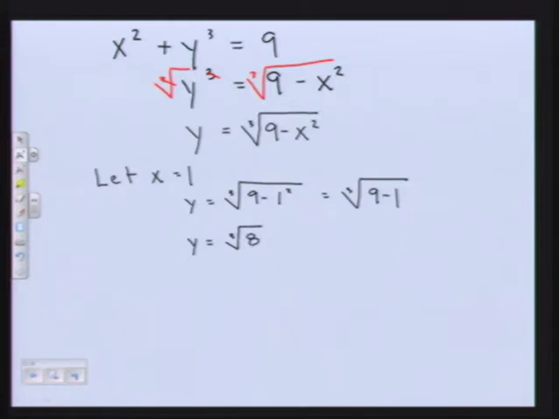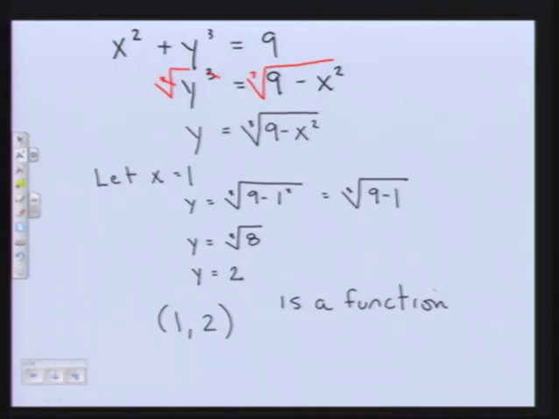And the cube root of 8 is simply 2. So when x is 1, I get one y value of 2. Therefore, my x value does not repeat, and this equation is a function. It does represent a function.